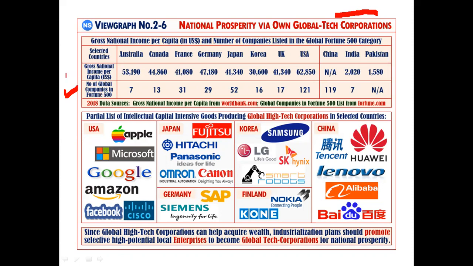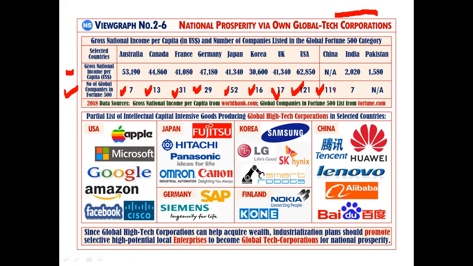You can see the gross national income per capita is high for them, but what I'm referring to is this: Australia has 7 global corporations, Canada 13, France 31, Germany 29, Japan 52, and South Korea, a small country which was behind Pakistan and Bangladesh until very recently, the end of the 1960s and 70s, now has 16 global corporations. UK 17, US 121, and China 119.